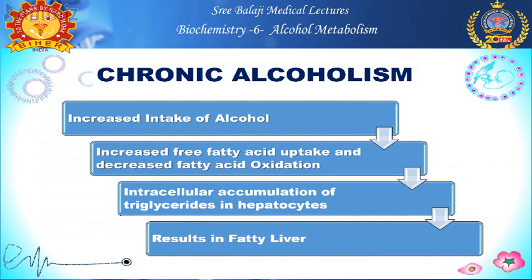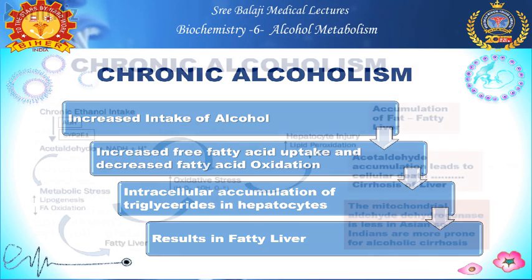In chronic alcoholism, a person may consume an increased amount of alcohol, so that will lead to increased fatty acid synthesis and decreased fatty acid oxidation. So accumulation of triglyceride will be more in the hepatocytes that will lead to fatty liver.